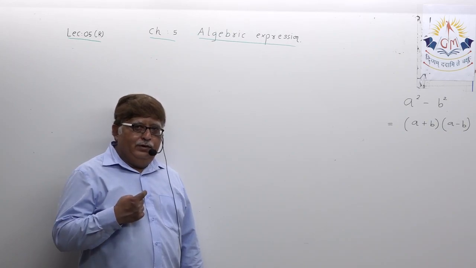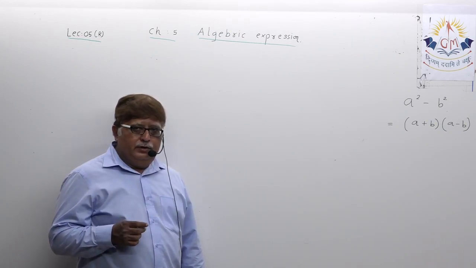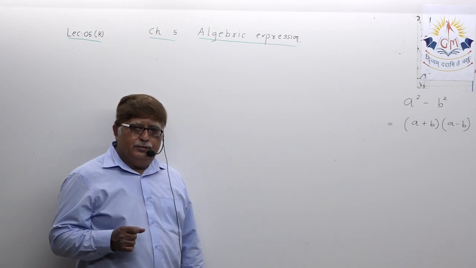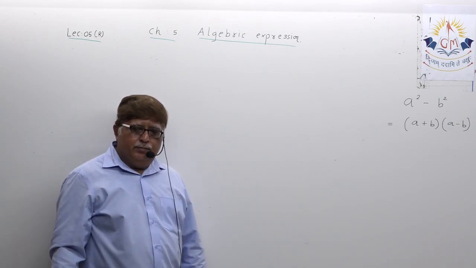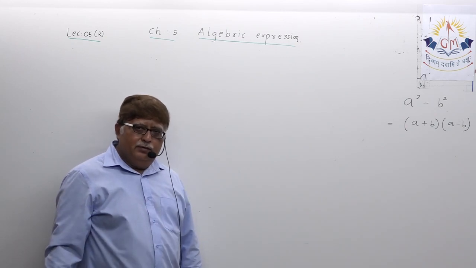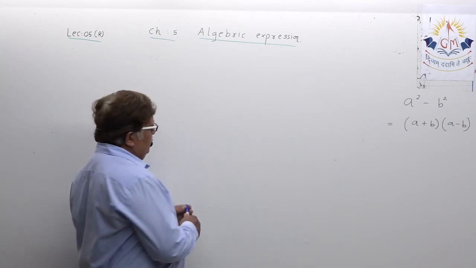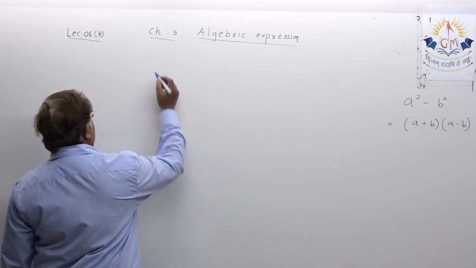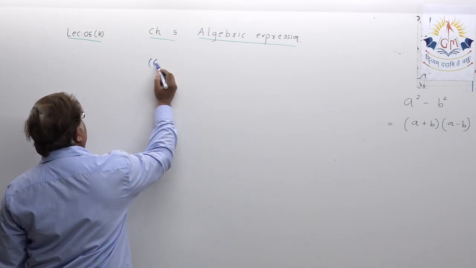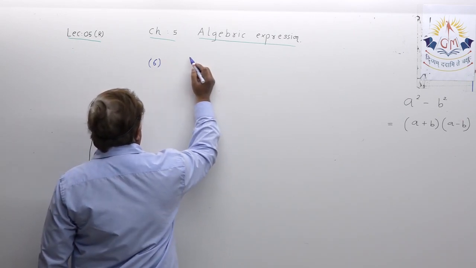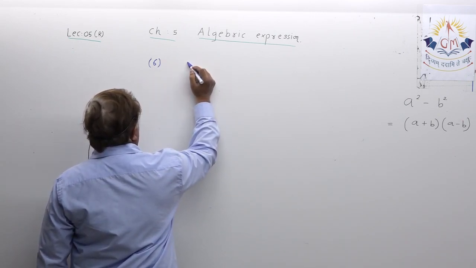I want that I will write the example here and will instantly give you time to solve this example, okay? And then I will solve it for you. So this is example number 6. Just you write, dear student, and try to solve this.